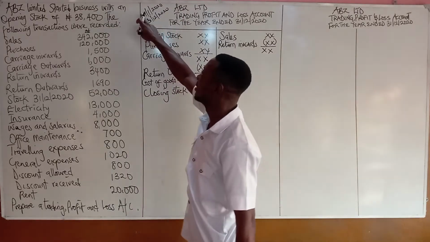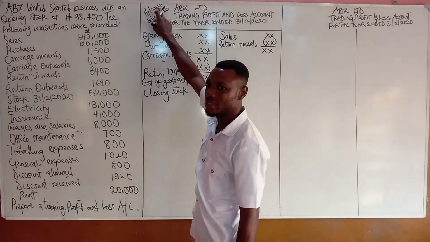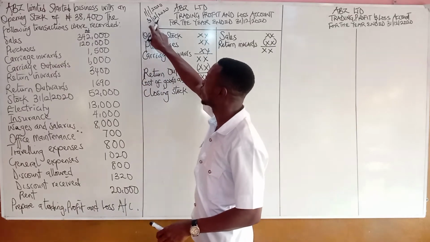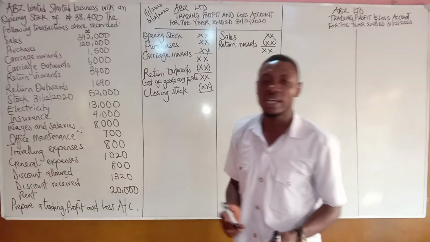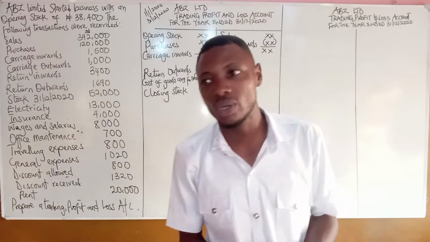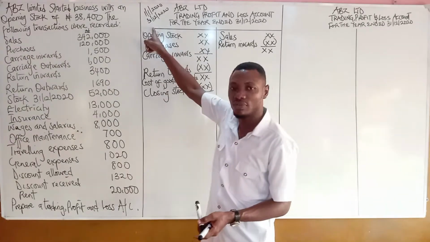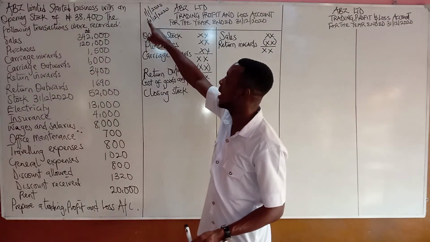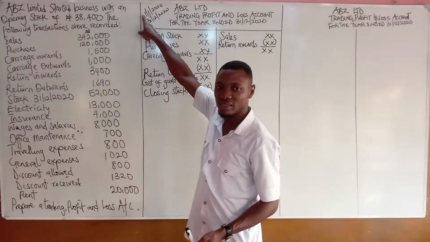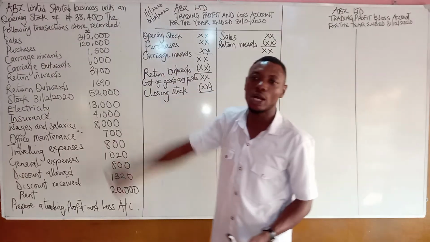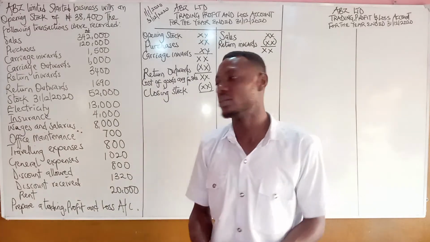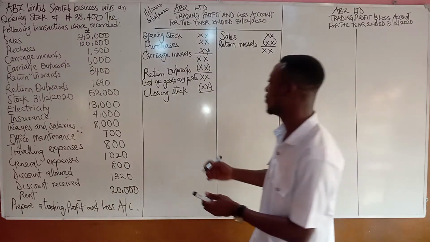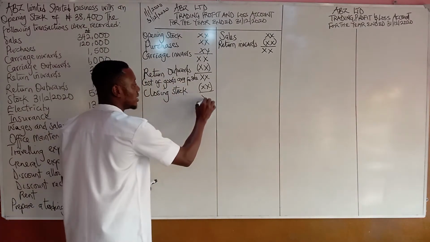This is the 1st of January 2020, meaning it is the 1st of the year. This is 31st 12 2020, which is 31st December 2020, meaning it is the last day of the year. So when you see stock and a date like this, this is the opening stock and this is the closing stock. Do we understand?